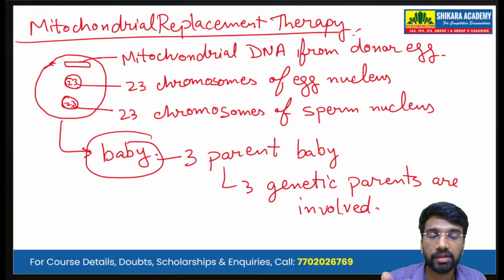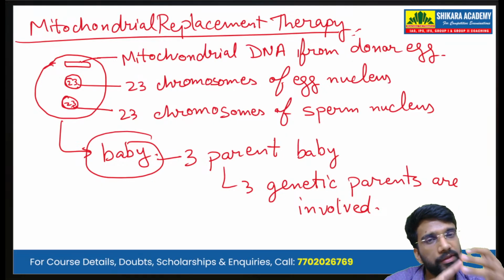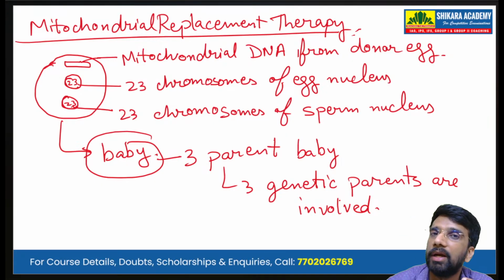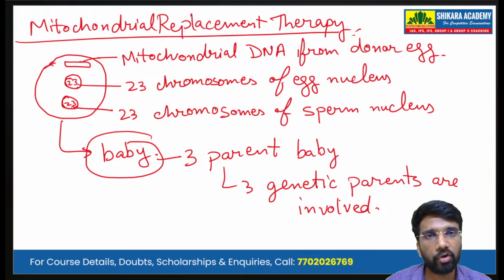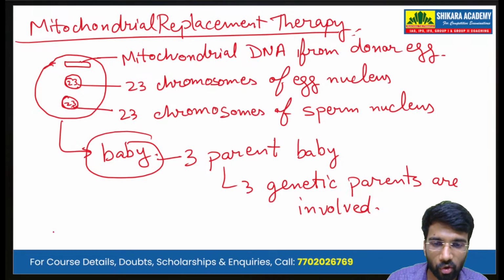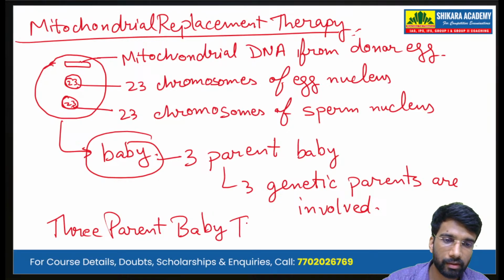The genome is coming from three different individuals: one from the father, one from the mother, and the mitochondrial DNA from the donor. That is why it is also known as three-parent baby technology.